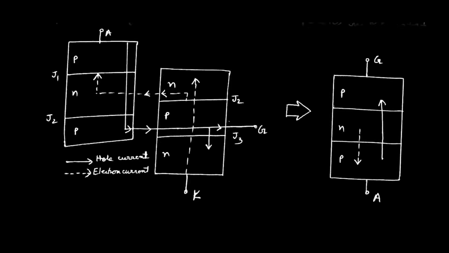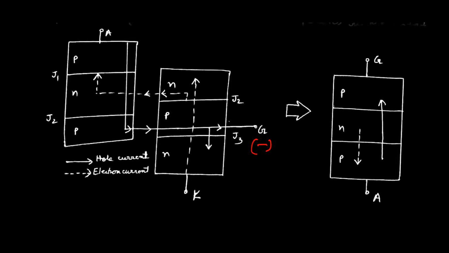To turn off the GTO, the gate terminal voltage is made negative with respect to the cathode terminal. That means the gate is more negative with respect to the cathode, so the gate-cathode junction is negatively biased. Actually, the holes injected from the anode are taken out from the P base through the gate metallization into the gate terminal.